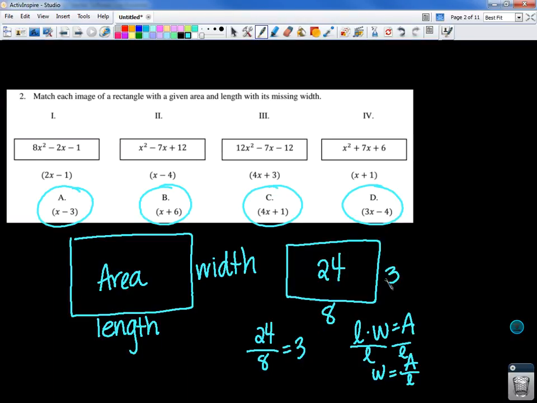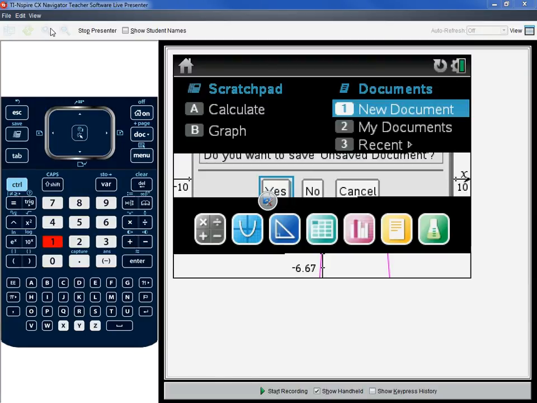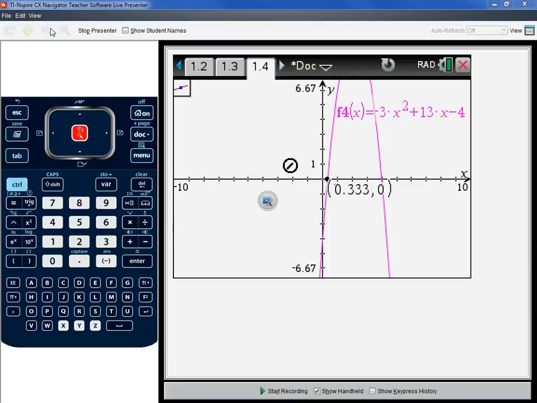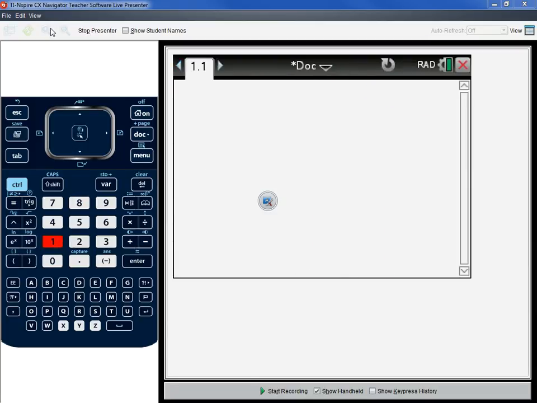So I'm going to show you how to store variables as values and then use that to help us find the correct answers. All right, so I'm going to open up a new document, and this time I'm going to add a calculator page.